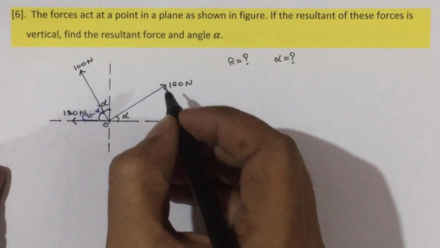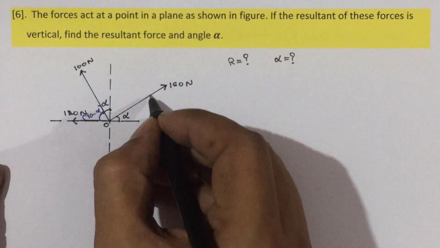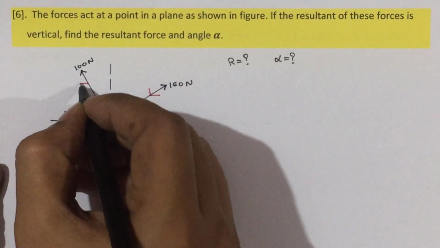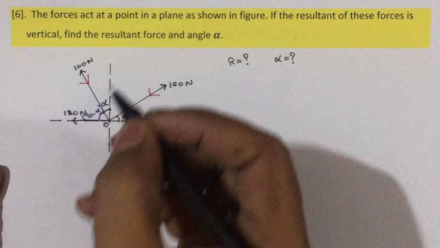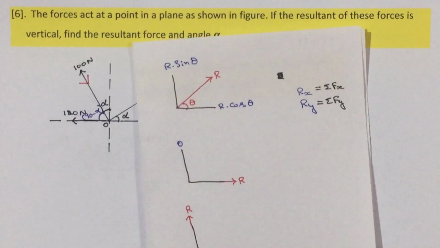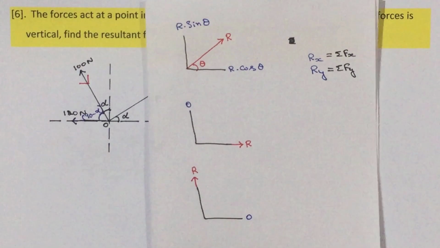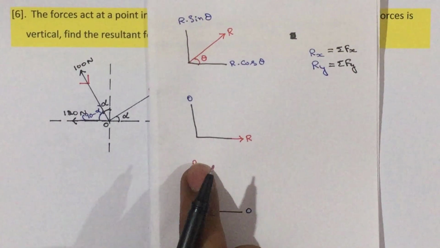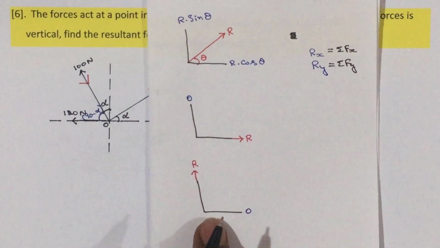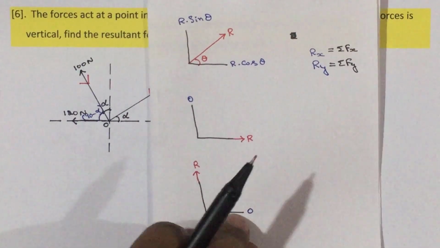How to split? Behind the arrowhead, draw a nearby horizontal and a nearby vertical. It will give you the direction for the inclined forces' components. Since the resultant is given and it is acting vertical, from the basics we know that if the resultant is acting vertical, then the vertical component Ry is equal to R, and Rx is equal to 0.